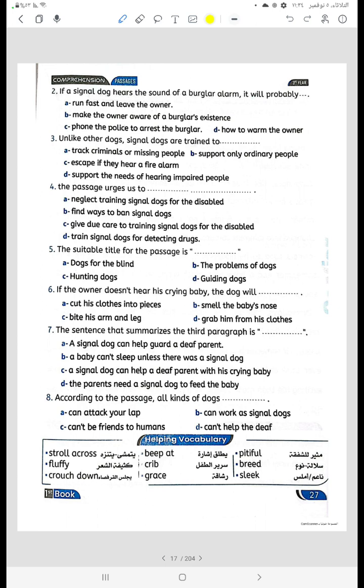How to warn the owner. رقم B. Unlike others, the signal dogs are trained to track criminals or missing people. ولا support only ordinary people, escape if they hear a fire alarm. ولا support the needs of hearing impaired people. طبعا الإجابة هتبقى رقم D.